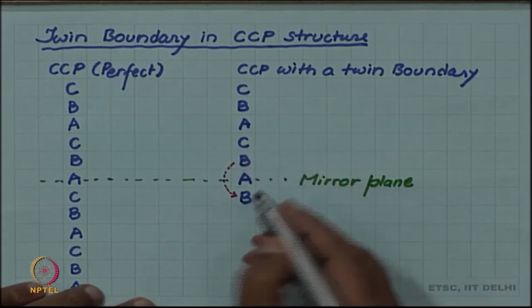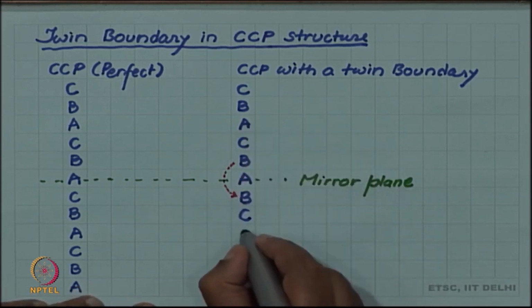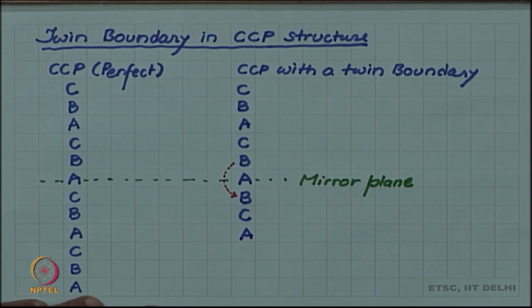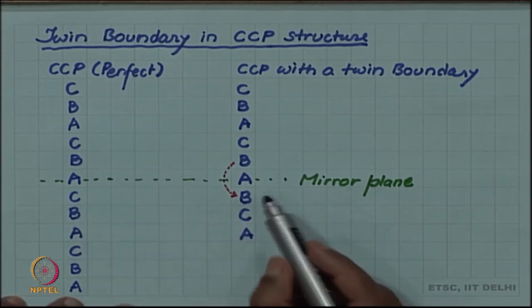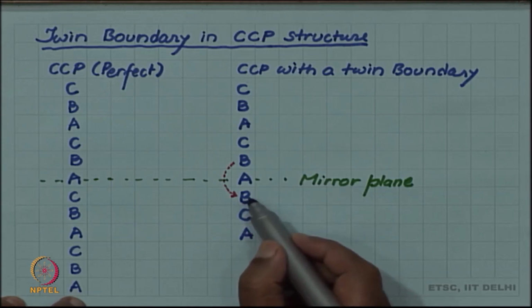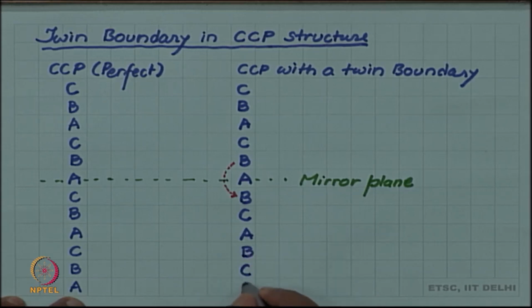Then obviously, C will again reflect here as C, A will reflect as A. So, now the sequence below will, instead of CBA, change into BCA. So, we will have BCA, BCA.